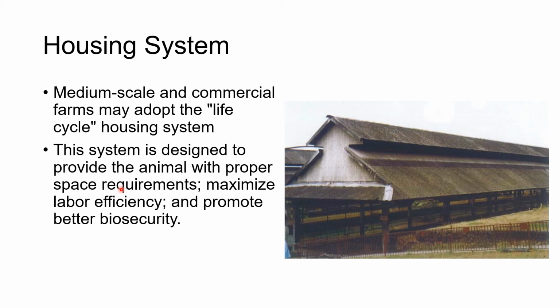Kasi yung proper space requirement, it will reflect on the productivity of that animal. Since mas maganda yung space requirement, hindi masyadong overcrowded, mas comfortable yung animal, then mas efficient yung pagpapakain mo, then it will increase, hindi magdi-decrease yung productivity niya.